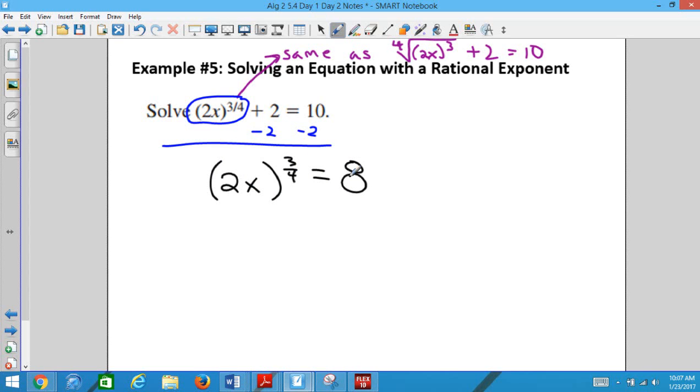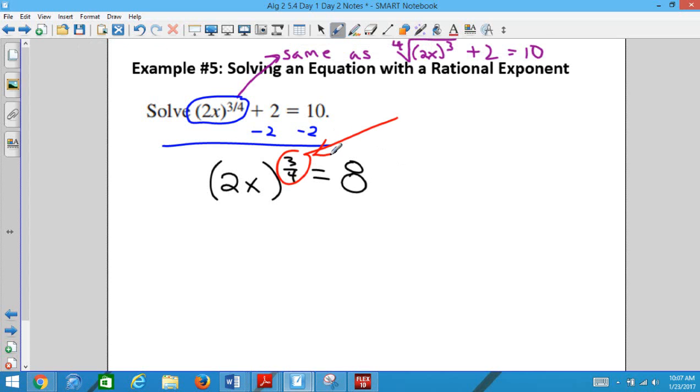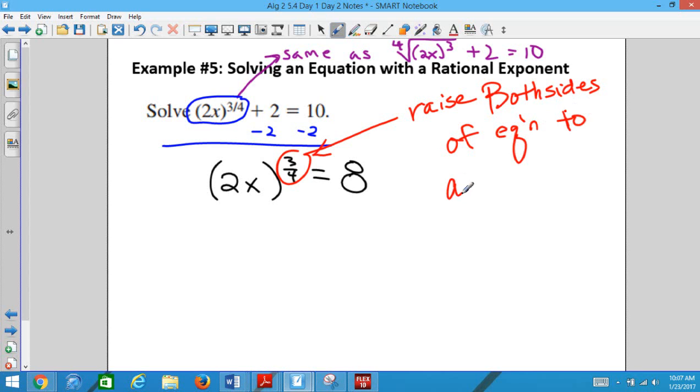To cancel out the exponent, so we can get 2x, you have to raise both sides of the equation to a power that makes your exponent equal 1.